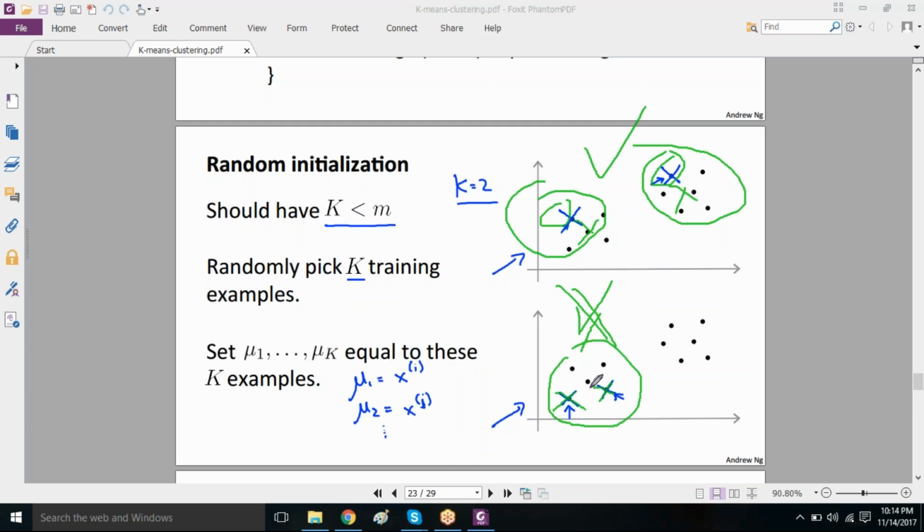That is why there is an algorithm, an advanced version of k-means, called k-means plus plus. Here we do not do random initialization.